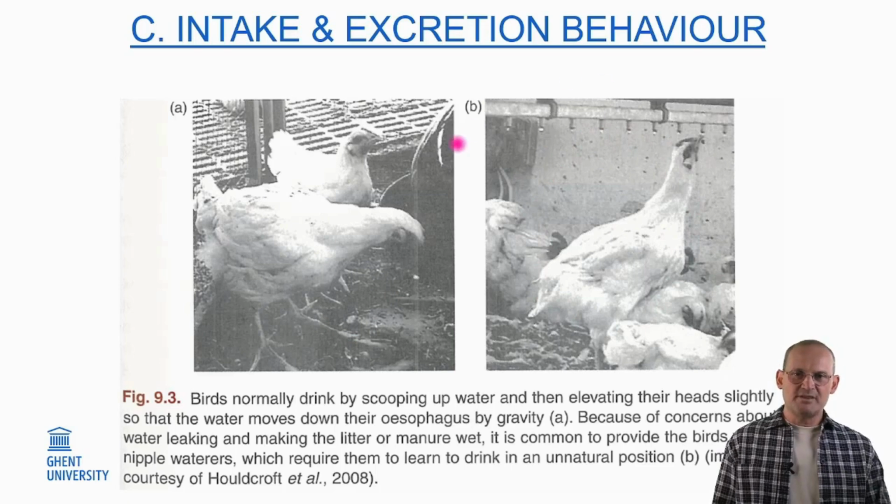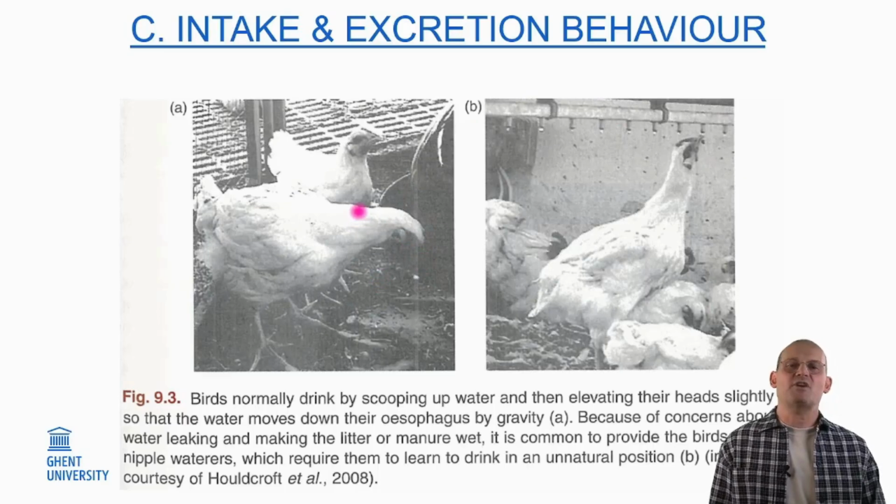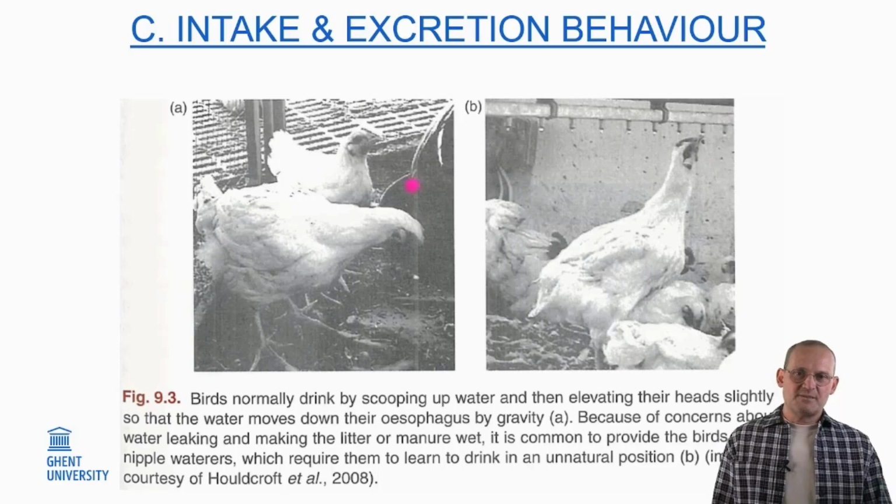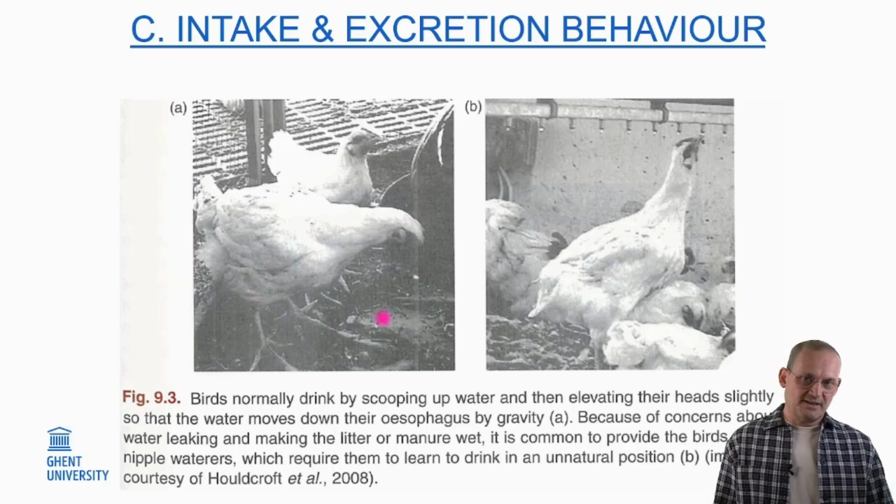Although this is the more natural drinking behavior, in which they scoop water and then put their heads up high and let the water go down their throats, this is becoming less common because there's more spillage of water, by which the litter becomes wet, which is detrimental to their foot health. And another risk of these open drinkers is that they defecate in it, and that becomes a hygiene risk.